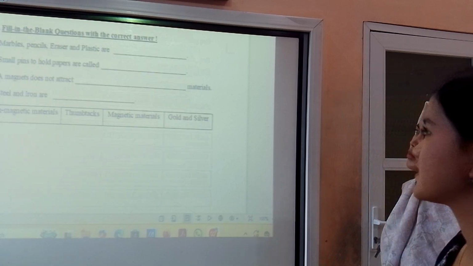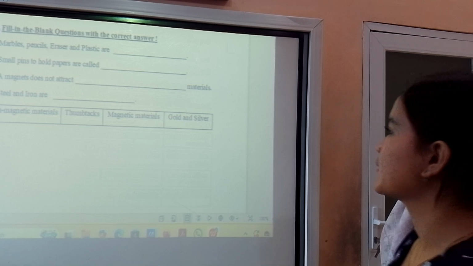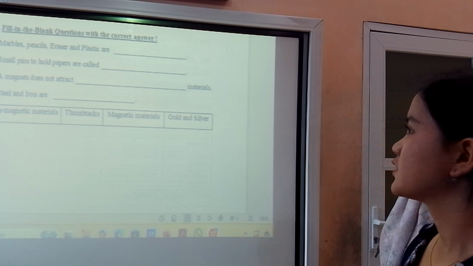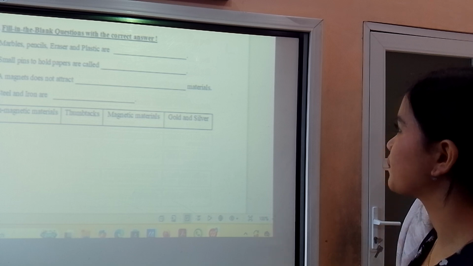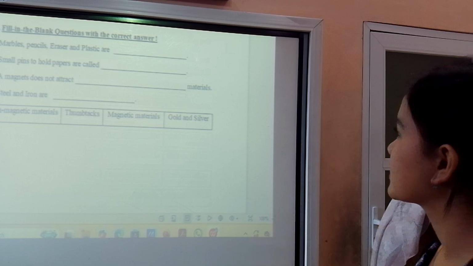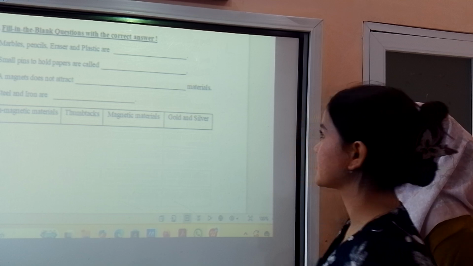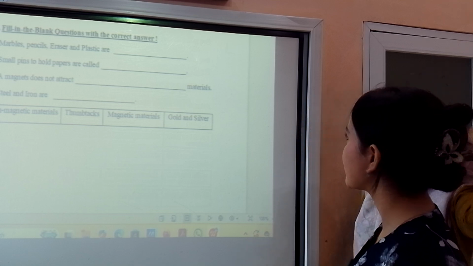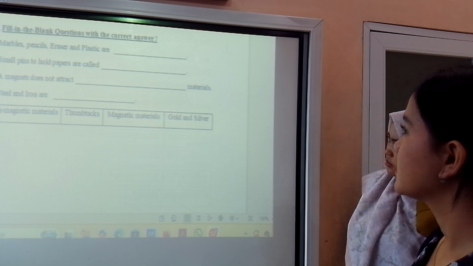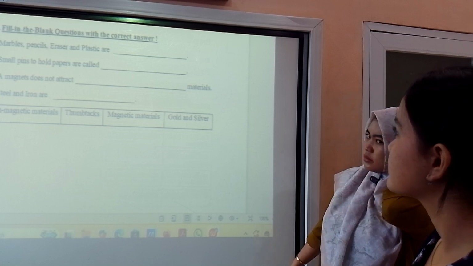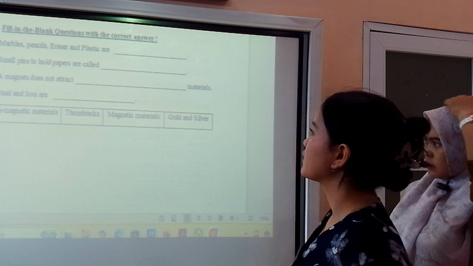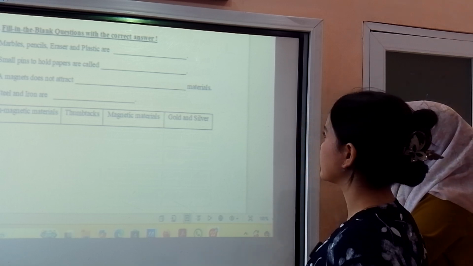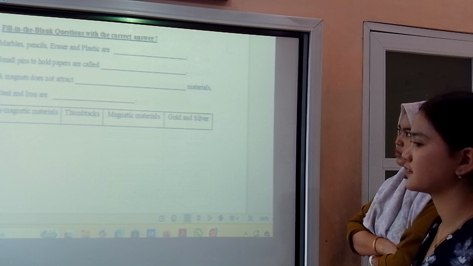Marbles, pencil, eraser, and plastic are non-magnetic materials. 2. Small pins to hold paper are called thumbtacks. 3. A magnet does not attract gold and silver. Number 4, steel and iron are magnetic materials.